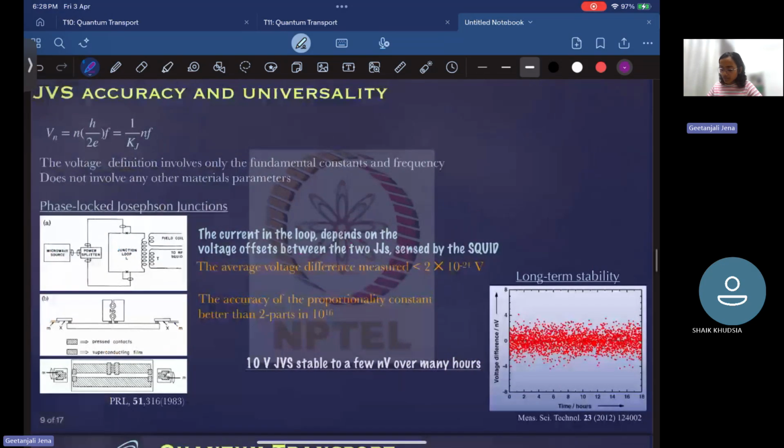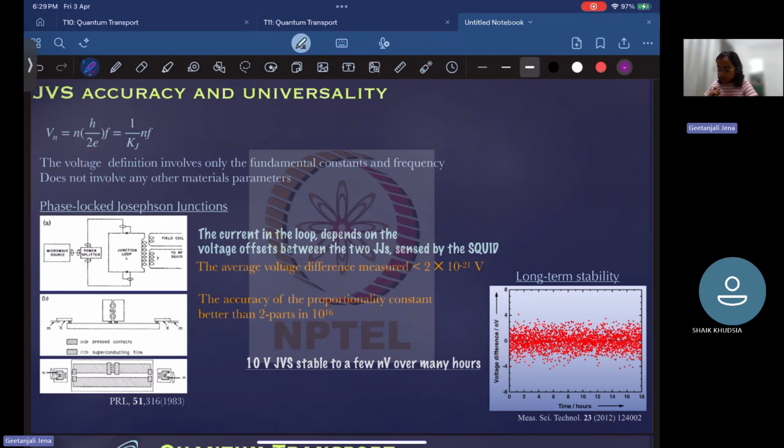In the last part, they have shown the accuracy of this Josephson standard. So if you recall, for resistance standard, the errors are in the order of nano. So error is quite less. So let us see what the errors are in calculating the Josephson standard.